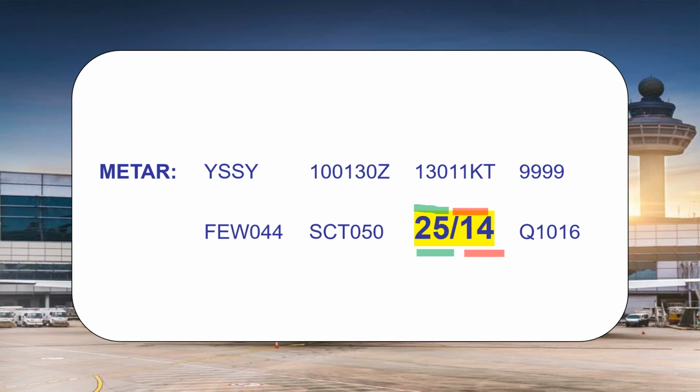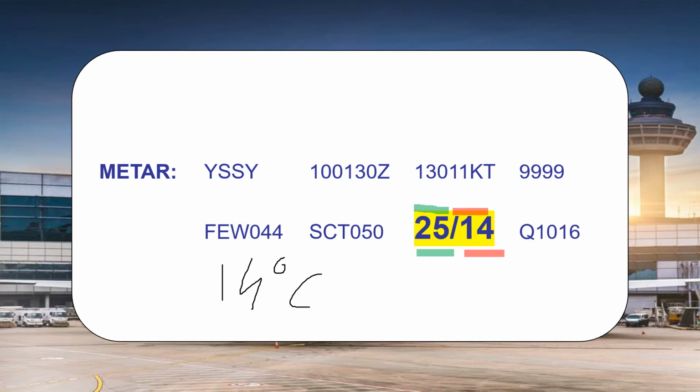Now dew point is the temperature that the air needs to be cooled to achieve a relative humidity of 100%. This might not make too much sense, but basically at this point the air can't hold any more water in gas form. Okay, so that's pretty simple. We have a dew point of 14 degrees Celsius.